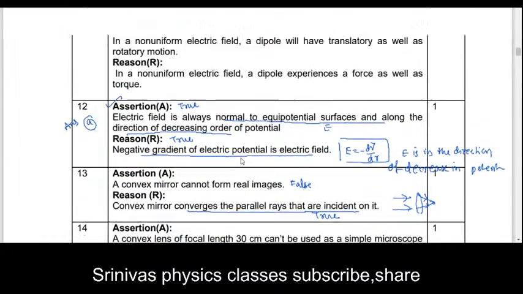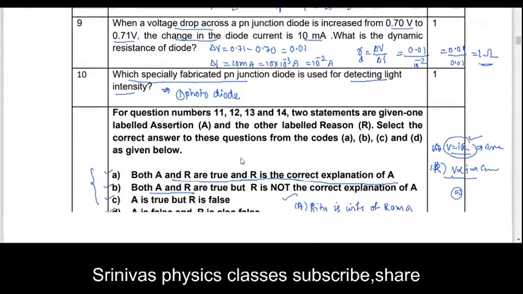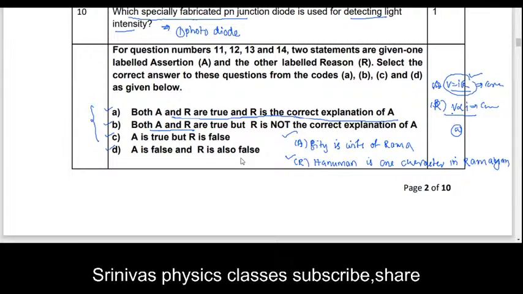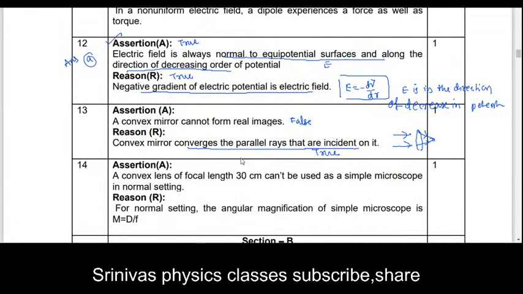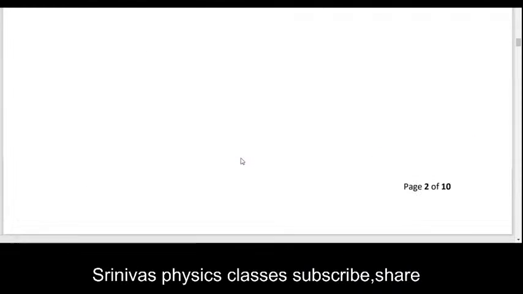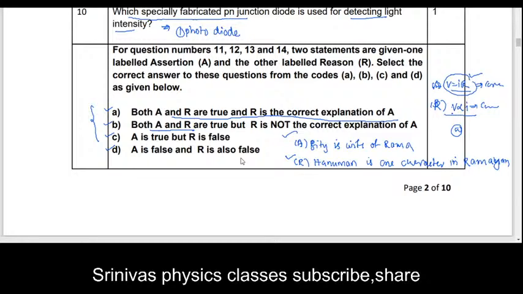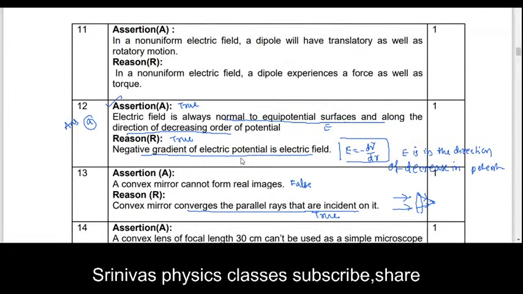Then which is the correct option? A is false, R is true. A true or false? This option is not there, na? Once again, we will see the question.